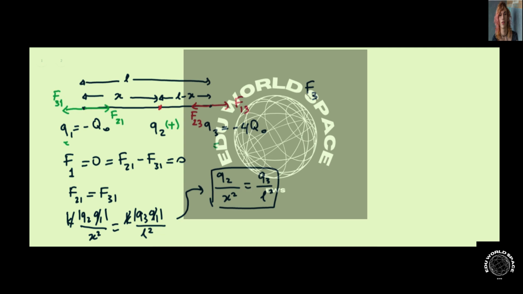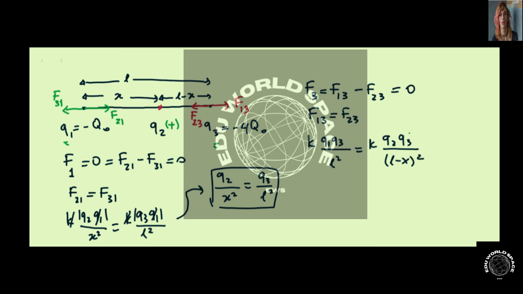So F3, the net force acting on the third charge, is F13 minus F23, and that has to be equal to 0. Then F13 has to be equal to F23, which means K, Q1, Q3 over the distance between 1 and 3, which is L squared. F23 is K, Q2, Q3 over the distance between the second charge and the third charge, which is L minus X squared.